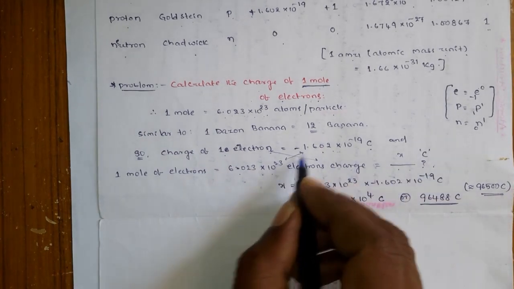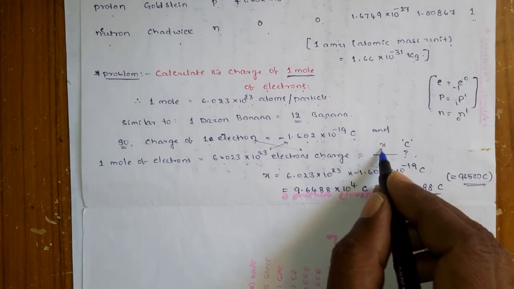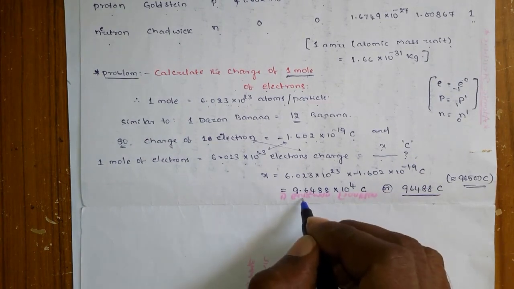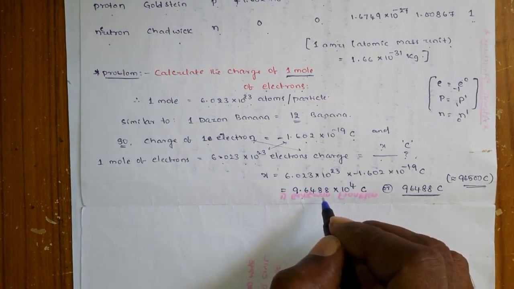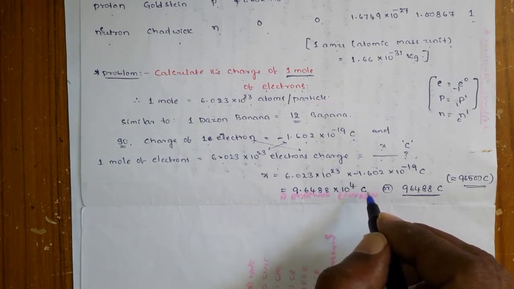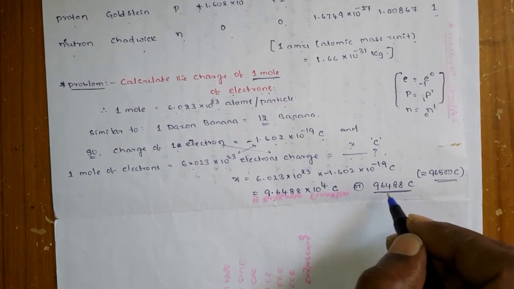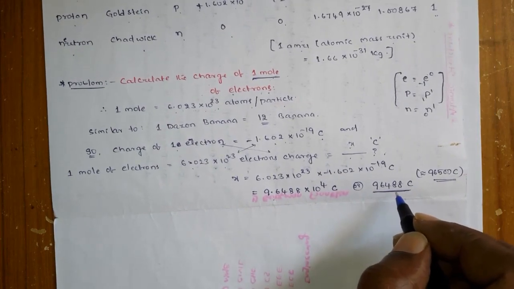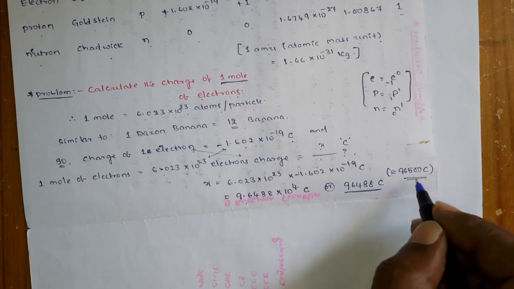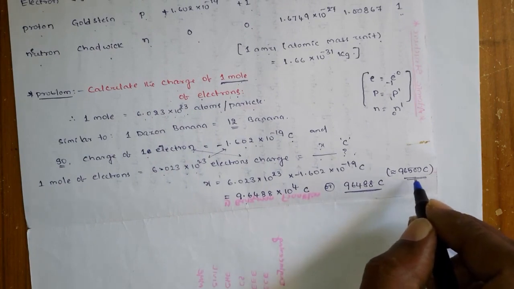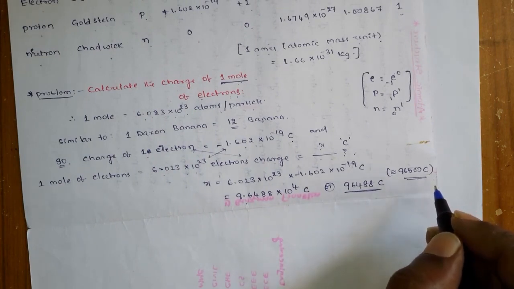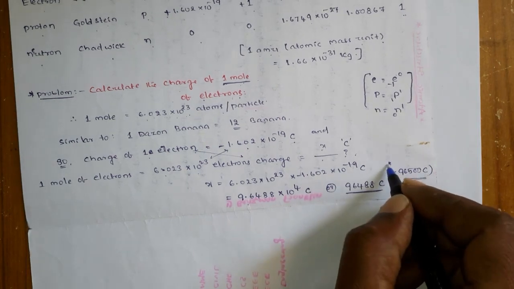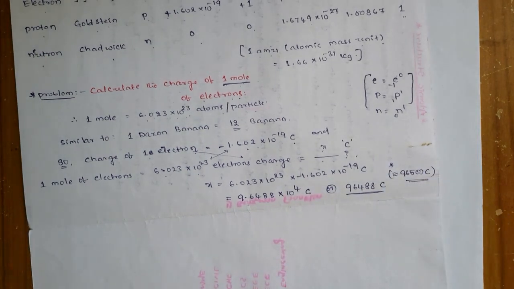Very simple, cross multiply, you can calculate x, that is 9.6488 into 10 to the power of 4 coulombs, or simply you can write it as 96488 coulombs, or simply they write it like this, 96500 coulombs. So this is the charge of 1 mole of electrons.